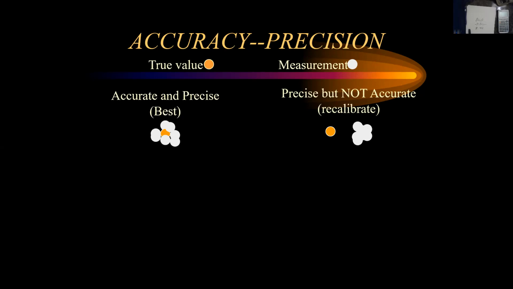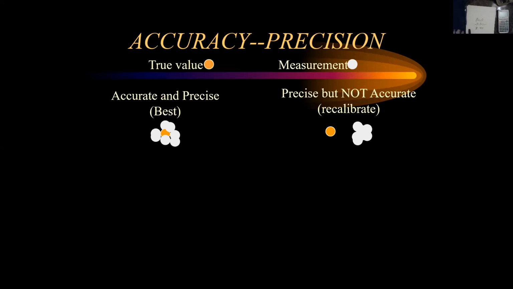Now this is fixable. Every year, our storeroom person, Ben King, will go around to the balances in the lab, and he has a special set of weights that he has bought that are exactly 1 gram, let's say. So he puts that exact 1 gram piece of metal on that balance and checks to see what the balance reads.